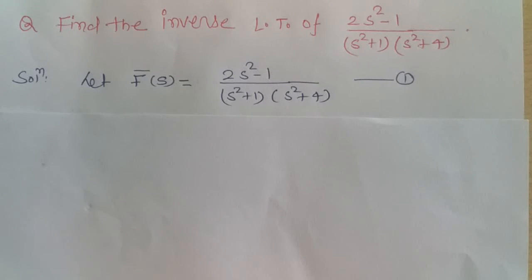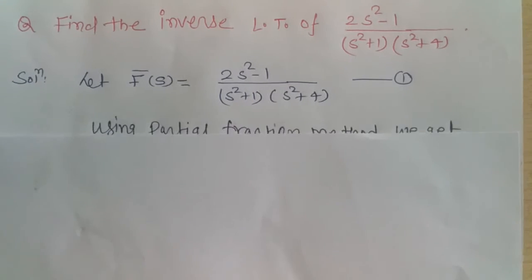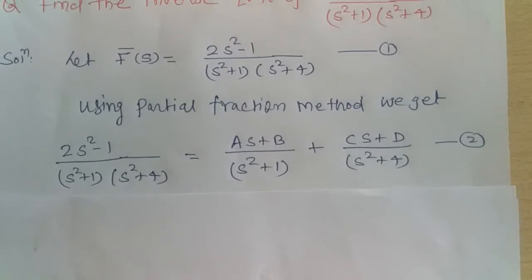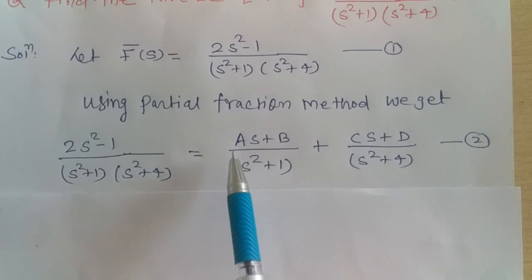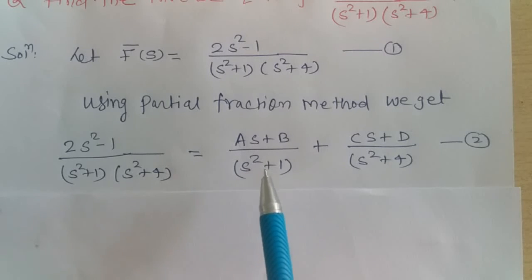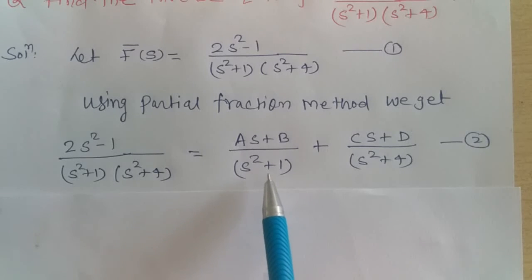Now we apply the technique of partial fraction on the function f bar s. We get the partial fraction of 2s square minus 1 upon s square plus 1 into s square plus 4 equal to as plus b upon s square plus 1, because s square plus 1 is a quadratic factor.